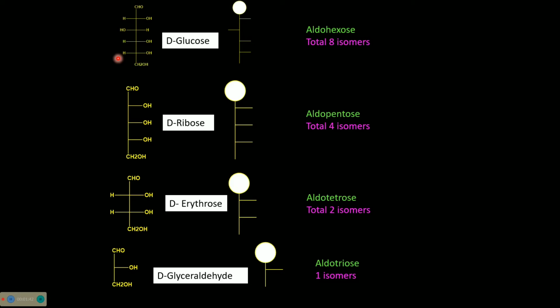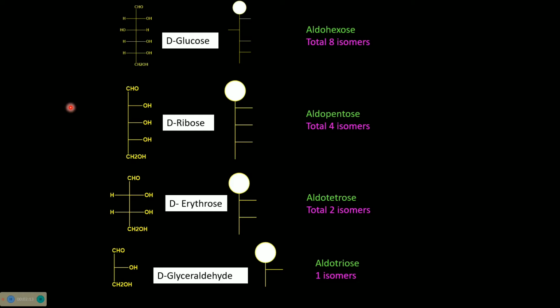Each carbon except this aldehyde group contains a single hydroxyl group. In the case of ketoses, there is a keto group instead of an aldehyde group. Today we will discuss only the aldoses.